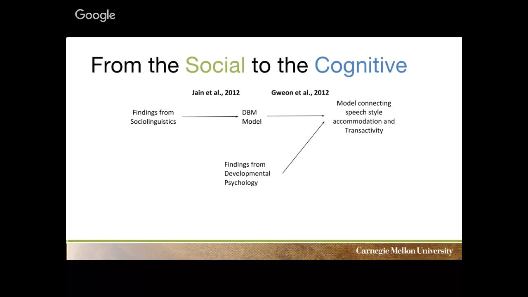If there are aspects of their speaking style that would set them at a social distance from one another, then they'll seek to suppress those differences in order to move themselves into a social positioning that's less adversarial.